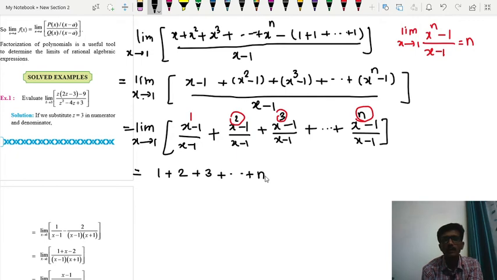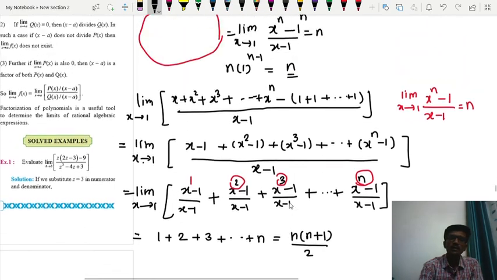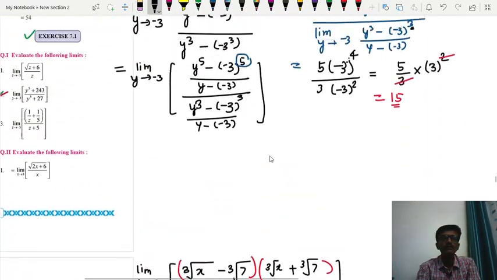So the sum of n numbers, that is given by n into (n plus 1) upon 2. Sum of first n natural numbers is given by n into (n plus 1) upon 2. So yes, this is the answer. Now we do the next question.